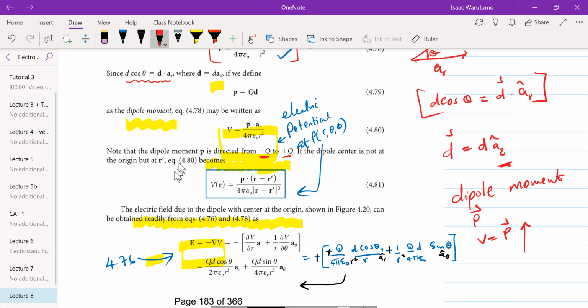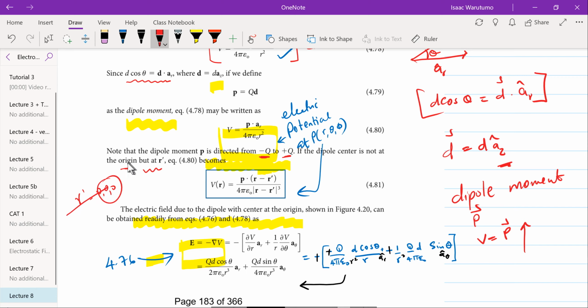We also observe that if the dipole center is not placed at the origin, then we will have R prime indicating the position vector of the dipole center. Previously we considered R prime being placed at the origin, and therefore it had value 0, or 0 0.